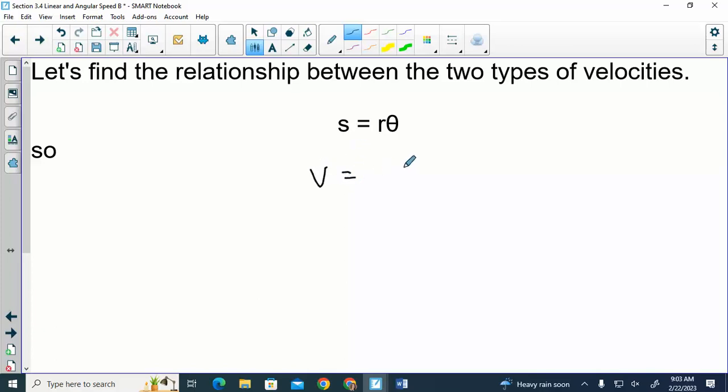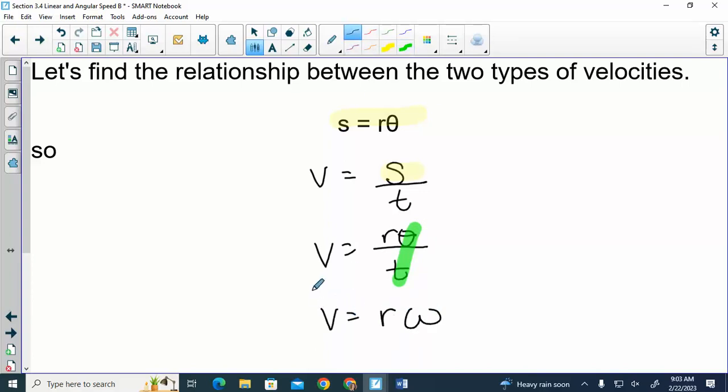If we said v equals s over t, that's the formula I gave you, then we could use this and replace my s with r theta. And what does theta over t represent? The omega. So the third and final formula that we're using is v equals r omega.